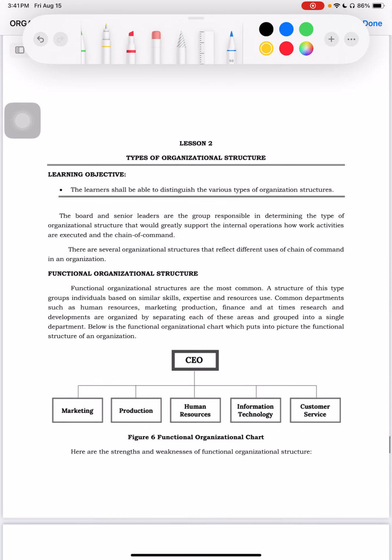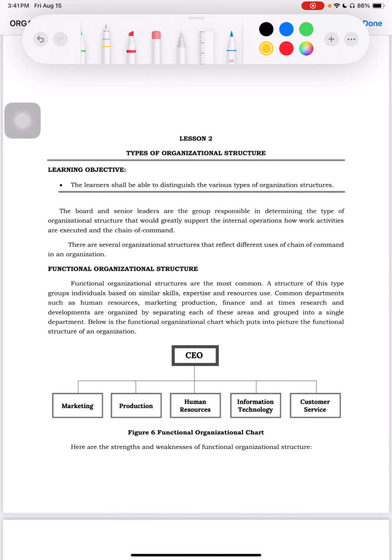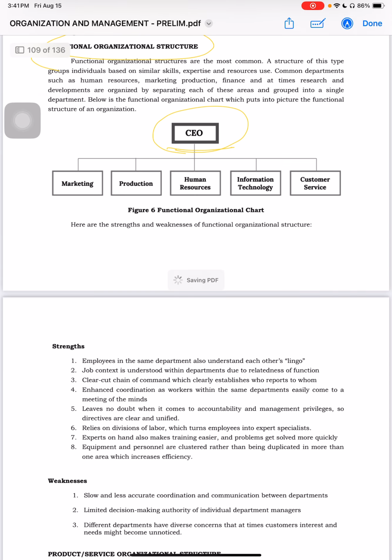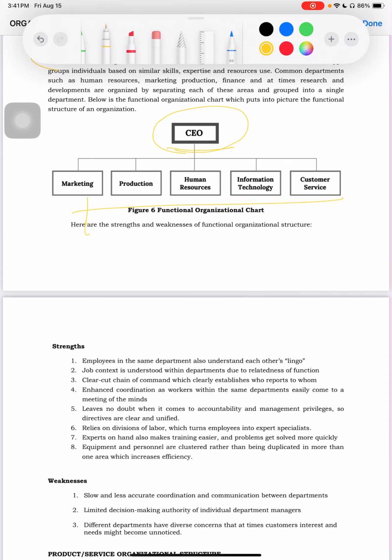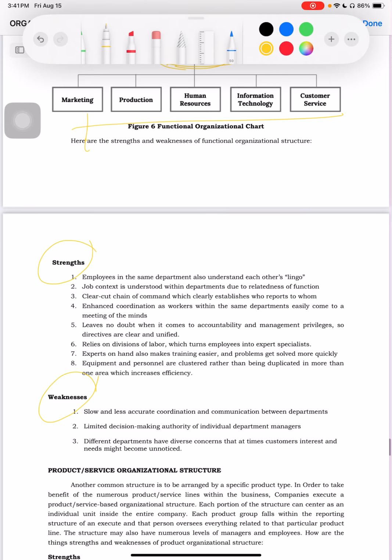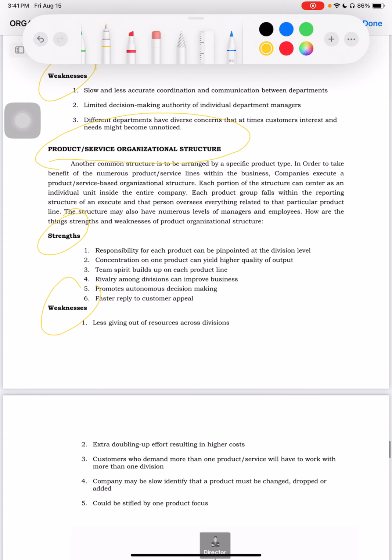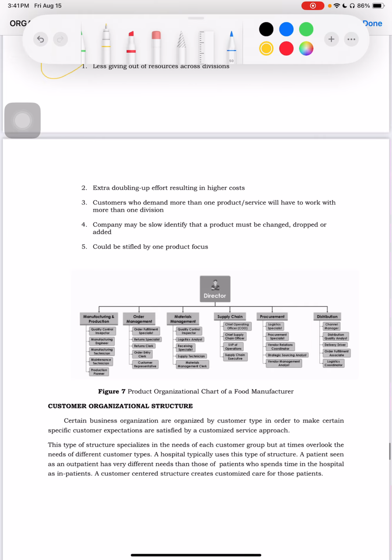So for lesson 2, the types of organizational structure. These are the functional organizations, usually done in a huge corporation, where the heads have people under them. There are strengths and weaknesses, what is being done and what is not. So you read that. It's very understandable.